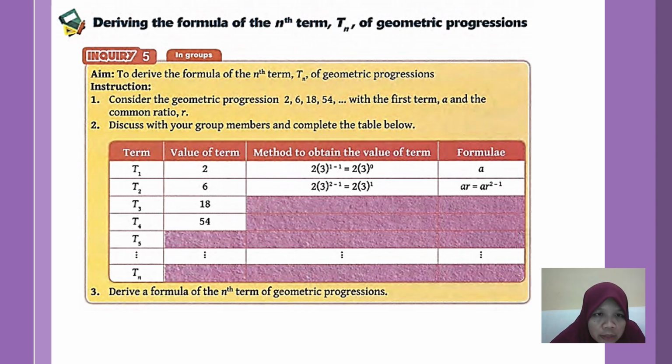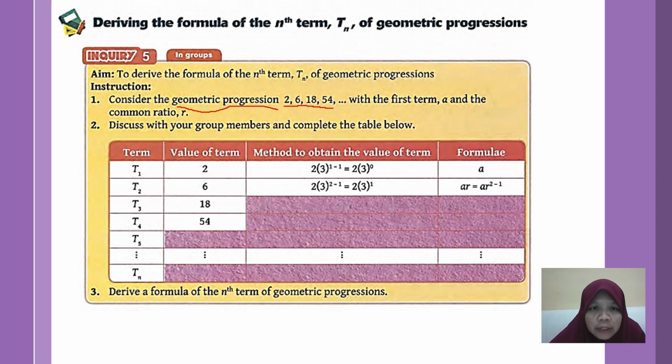Let's read the instruction. Number 1. Consider the geometric progression 2, 6, 18, 54. Given the geometric progression here with the first term a and the common ratio r, discuss with your group members and complete the table below.